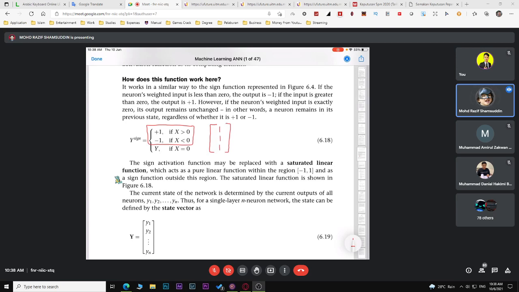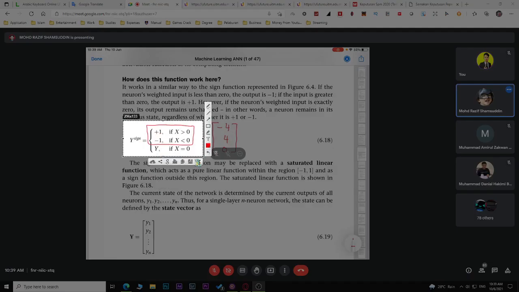Okay, so imagine if your neural network, okay, produces a dot product that looks like this, right? So negative 4, 4, 0.